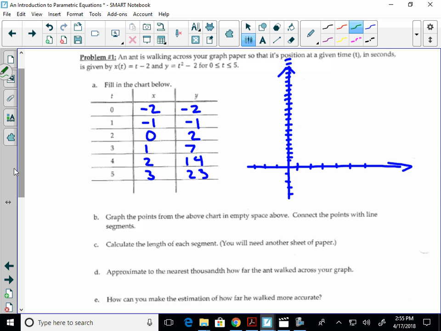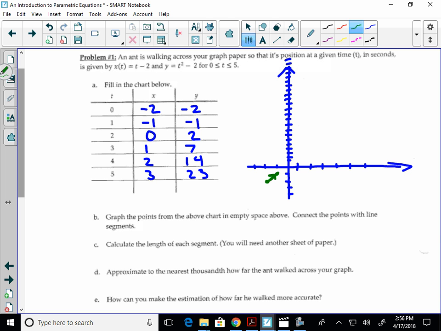Okay, so I'm going to go through and I'm going to plot the points. The first one is -2, -2, so that's where my graph is starting. The second point is -1, -1. So what this tells me is that that ant is walking this way.